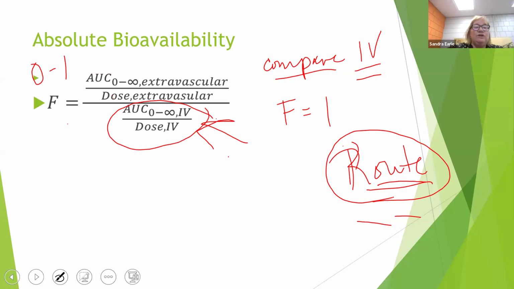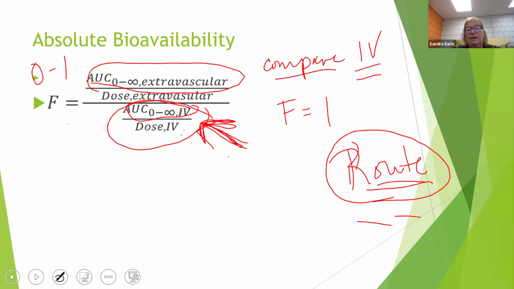Anyway, back to this. The gold standard is IV, so we're going to put that always in the denominator. And the area under the curve divided by the dose, we're going to compare that, because really to get the bioavailability, we're going to compare area under the curve of something given other than intravascularly.